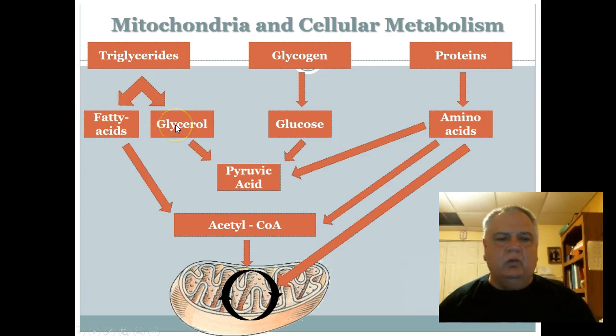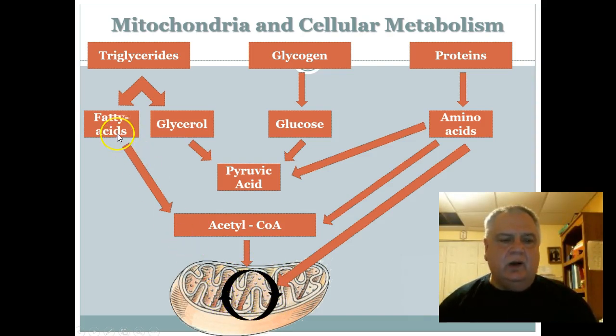The glycerol, once inside the mitochondria, will be attacked by enzymes and converted to a pyruvic acid. The pyruvic acid then will be hydrolyzed down into acetyl groups, which will be picked up by an enzyme helper called coenzyme A. And the acetyl groups will then enter the Krebs cycle, and as we say, yada, yada, yada, the dismantling will take place.